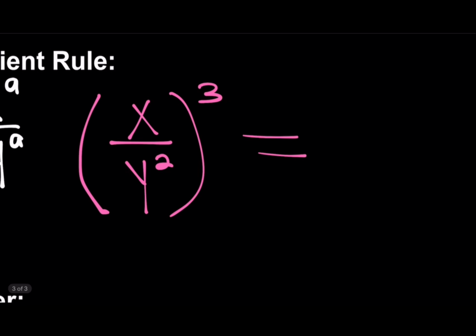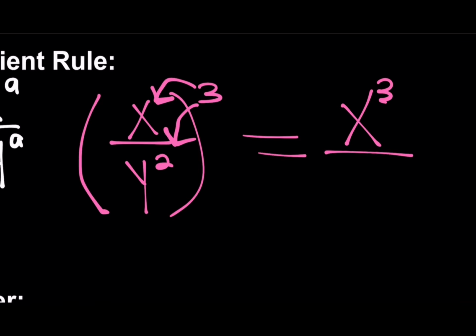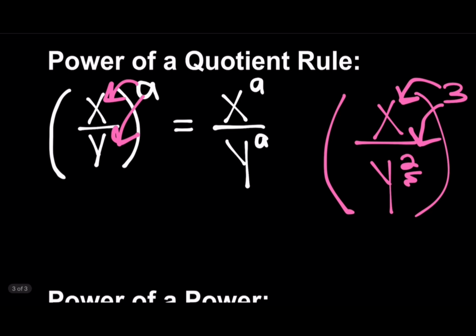First, we're just going to distribute this exponent here. So x cubed, and then we're going to distribute this exponent right over here. Since we already have a 2, y to the 2nd power, we're just going to multiply these exponents. So 3 times 2, that's 6, so y to the 6th power. That would be your answer.